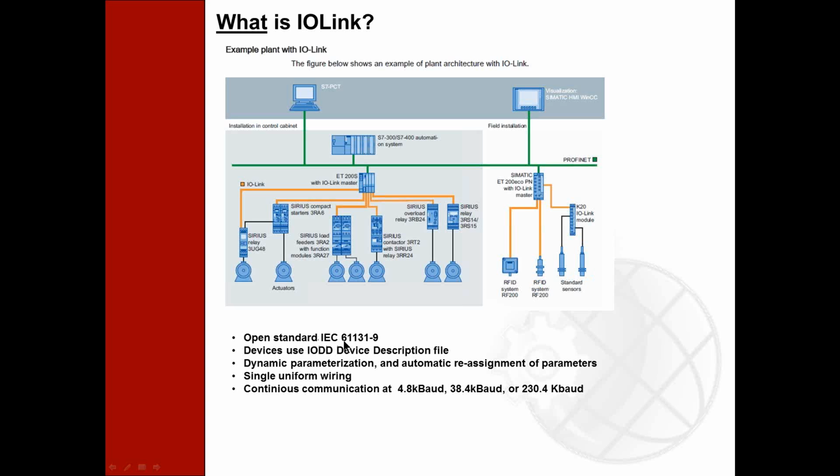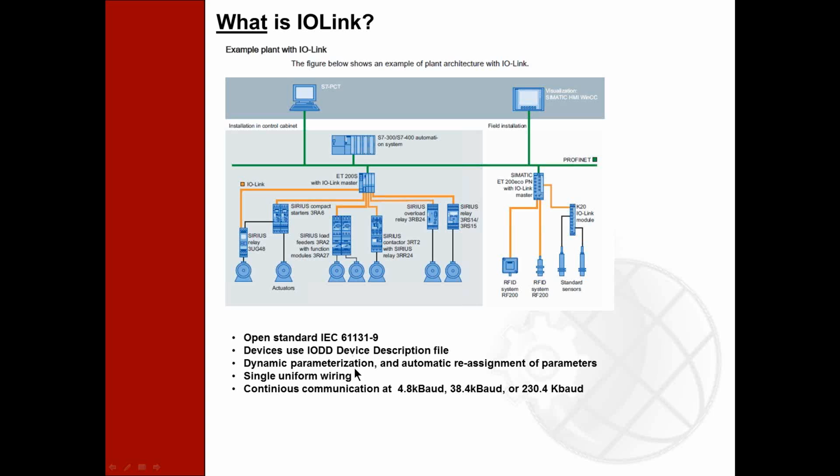So it follows an open standard, like I mentioned, the 61131, which is the industrial control one. The IEC 61131-9 is specific to the IO Link. The devices use an IODD device description file, and the IO means input-output device description.